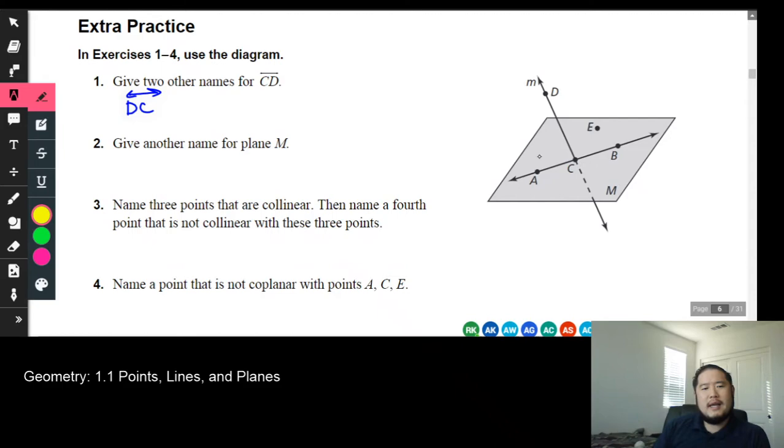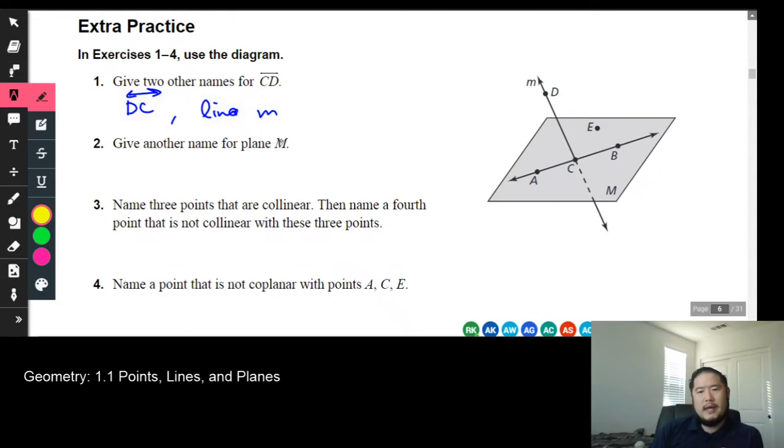One of them is line DC. The other one we could also say is line m, because of this lowercase m that happens to be adjacent to the line itself. So those are two different ways for us to name line CD.